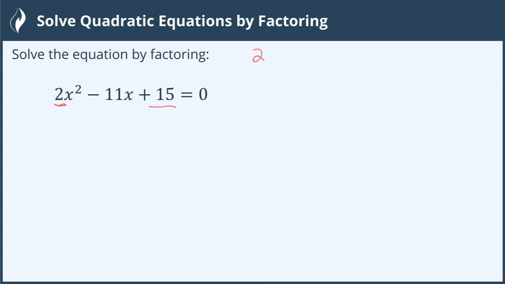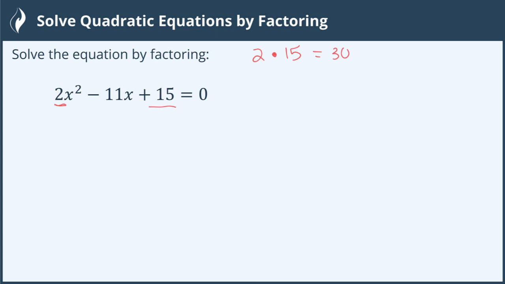So we take our 2 times 15 and we get, let me change this symbol from an X to a dot, since that's multiplication. So 2 times 15 is 30. And now I'm going to go back and look at my original equation and check the signs.